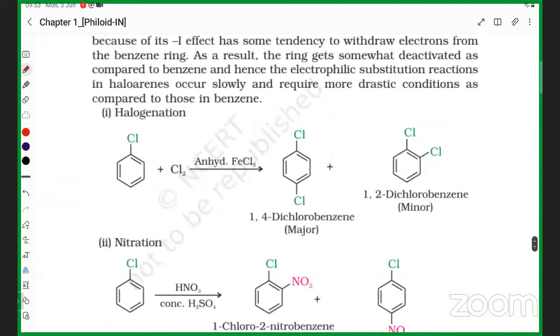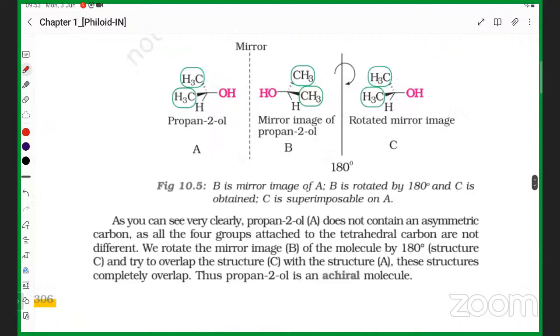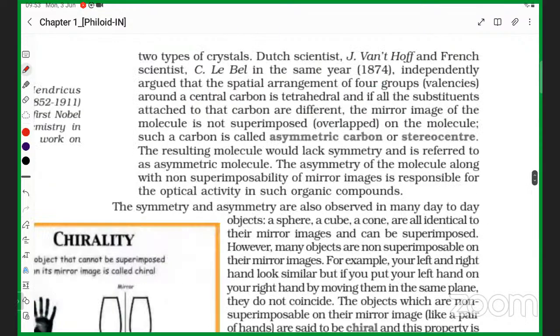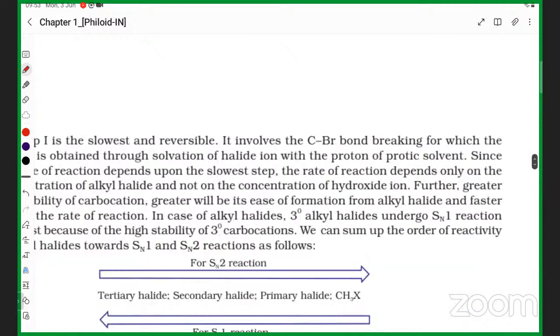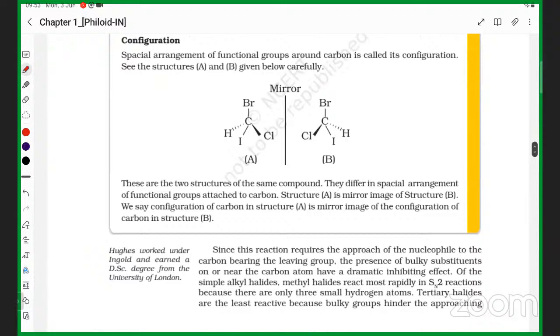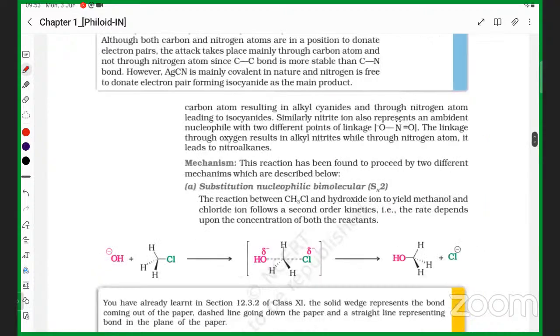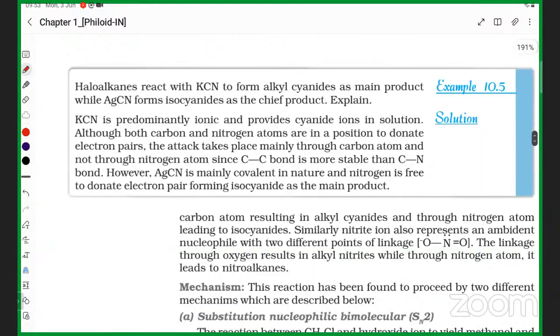Is the slide visible to you? NCERT book. Is it visible to you? Book is visible. Yes, sir. Okay. Can you read the example 10.5?